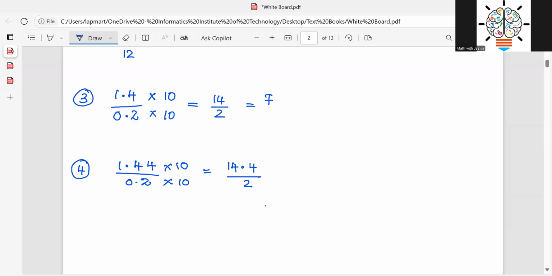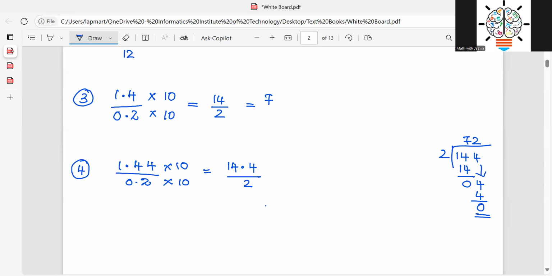Now this situation is very similar to the earlier questions 1 and 2. I divide 144 by 2. 2 times 7, 14, 0, and 4, 2 times 2, 4, 0, 72. I get 72 if I divide 144 by 2.